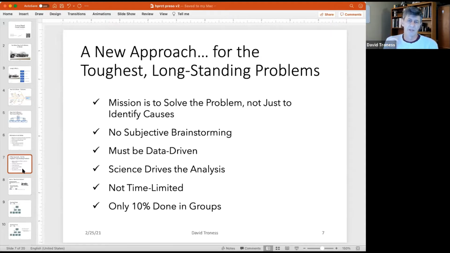We insist on being data-driven, that science drives the analysis. We don't force ourselves into an unreasonable time limit. Problems may be messier than we hoped. And a lot less of it is done in groups, maybe only 10%. So that's a little different.